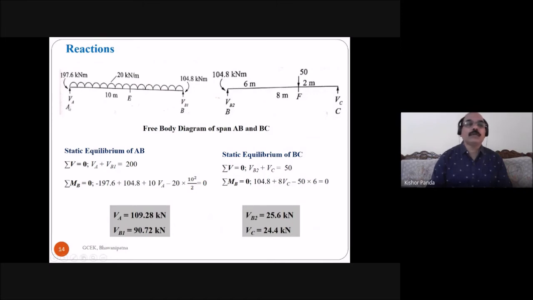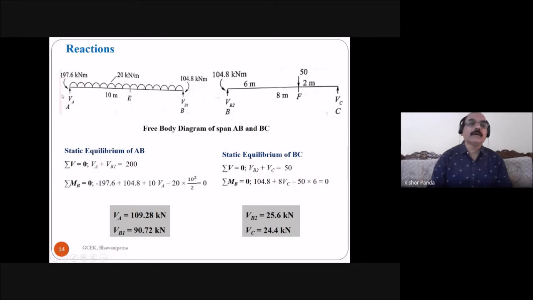Here you take span AB and span BC individually and find the reaction at the supports. For span AB, let the reaction at support A be VA and the reaction at support B be VB1. Similarly for span BC, take the reaction at support B as VB2 and the reaction at support C as VC. These are the reactions you take.